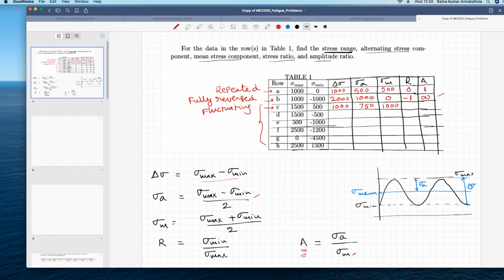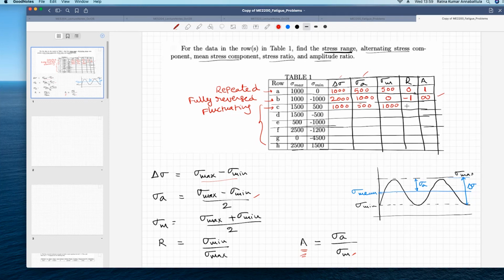Oh, sorry, stress amplitude is probably not 750. I'm sorry, I made a mistake here. This is 1500 minus 500, that is 1000 by 2, that is 500. Right? Because this has to be 1/2 of that. And mean stress is 1500 plus 500 by 2, that is 2000 by 2, that is 1000.